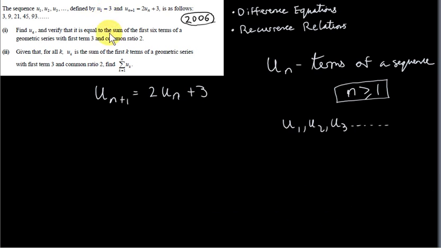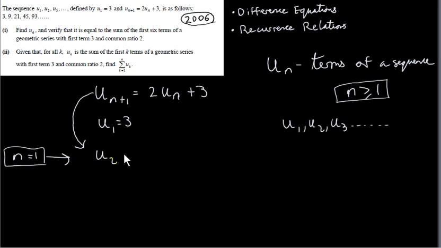Now we're given that u1 equals 3 for this difference equation. So if we want to find out what u2 is, we can let n equal 1. We get u_{1+1}, which is u2, equals 2 times u1 plus 3. Since u1 is 3, we get u2 equals 2 times 3 is 6 plus 3 is 9.